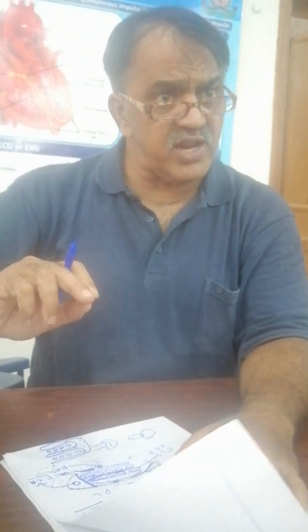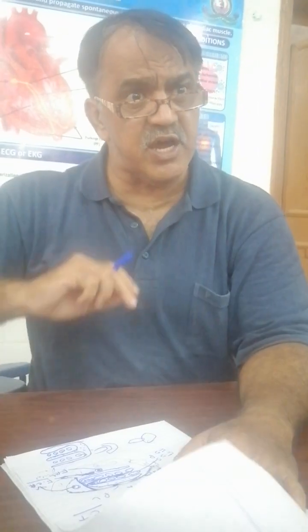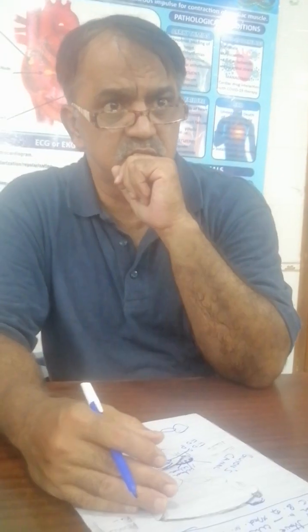Then whatever the supply of the median nerve distal to the carpal tunnel, distal to the flexor retinaculum, whatever its supply in the hand, it will be lost.